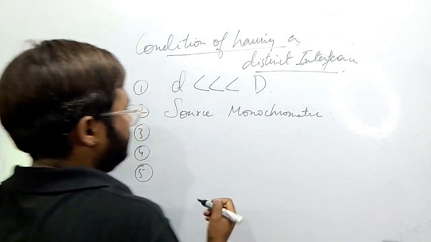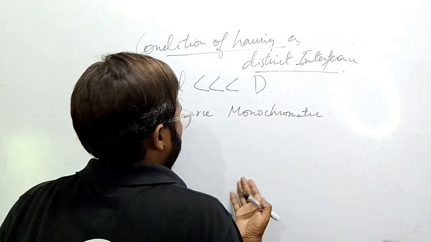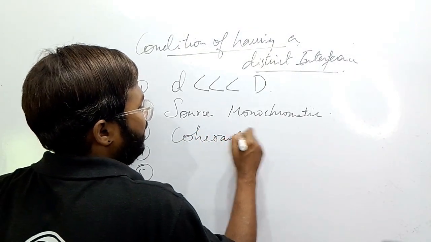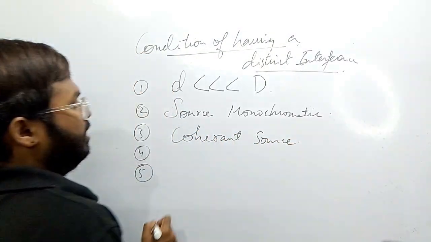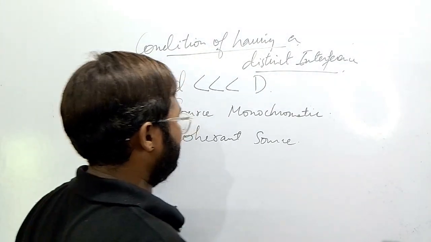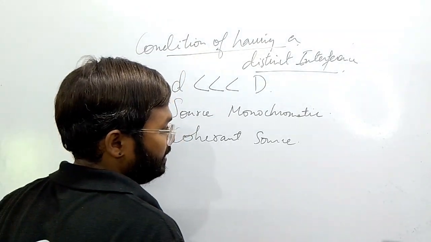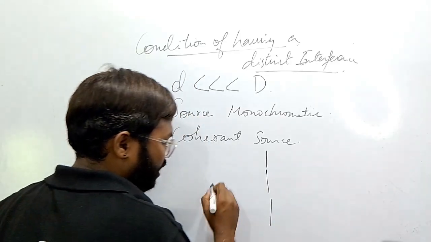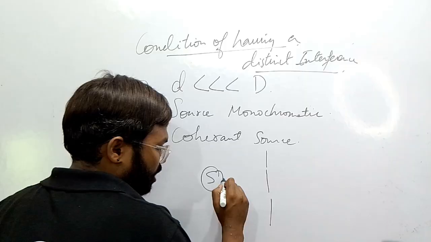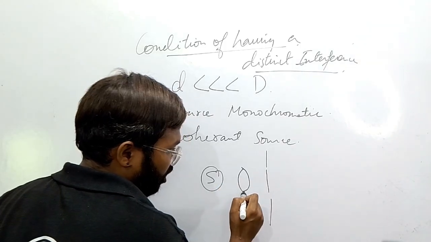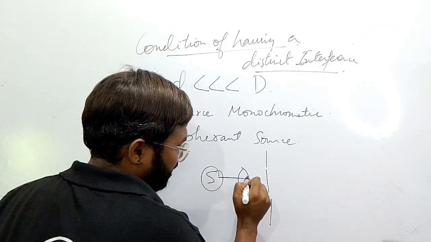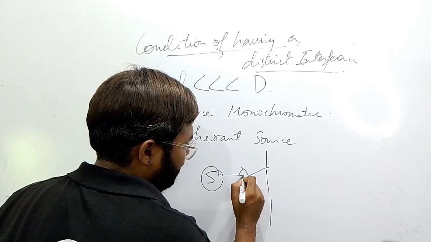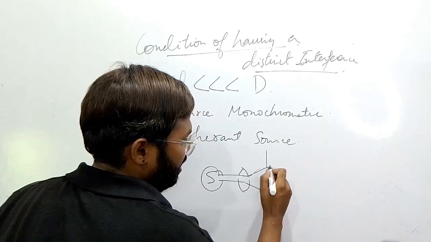Coherent source, your coherent light. How will you have this coherent light? You will use only one source. You'll have both slits, but you can use one source here, so that you put one convex mirror here. It splits here. Clear now? So S1, S2.